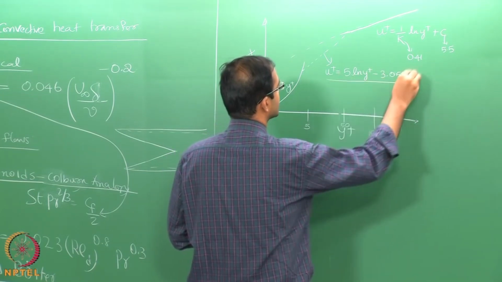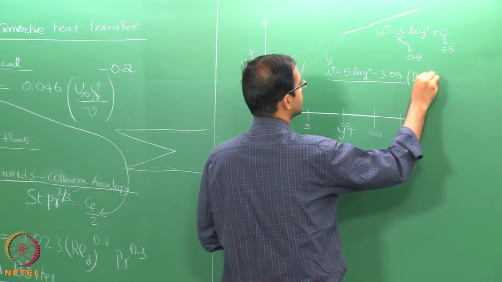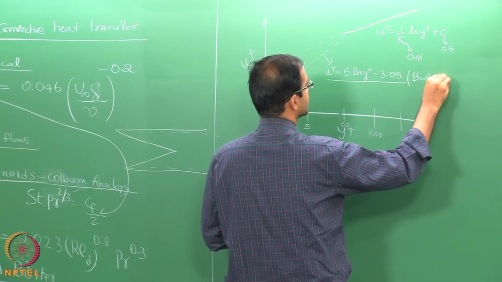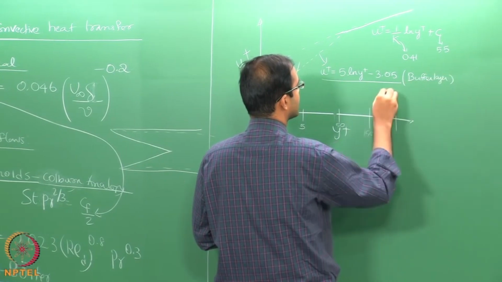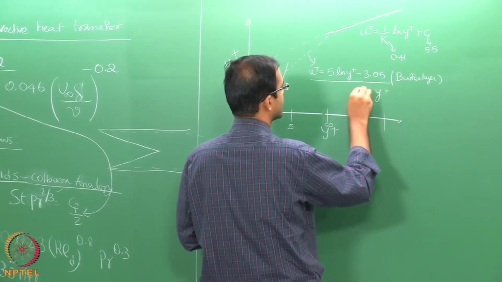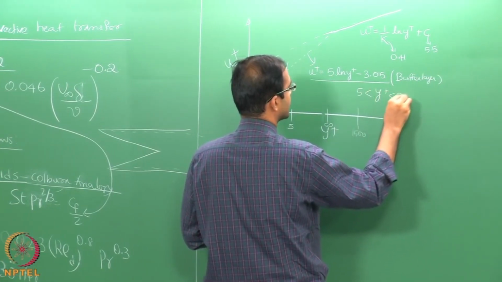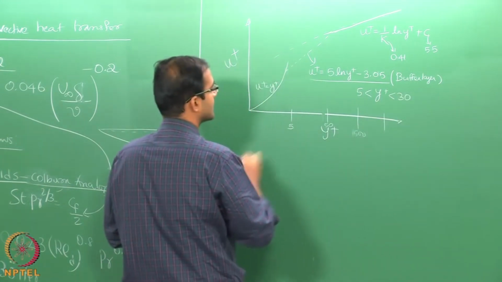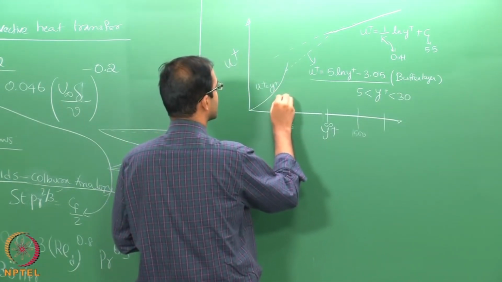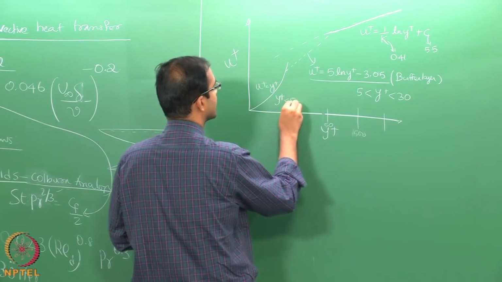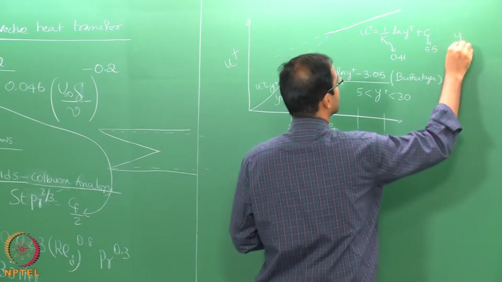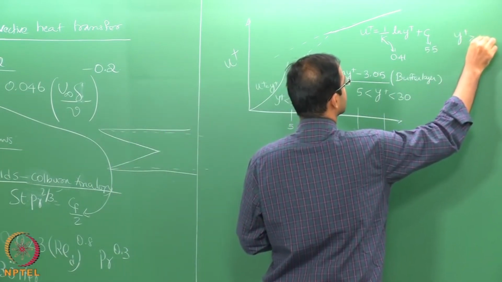So, this is your buffer layer, valid for y plus greater than 5 and less than 30. The linear profile is valid for y plus less than 5 and the log law is valid for y plus greater than 30.